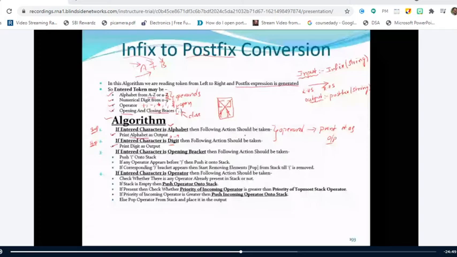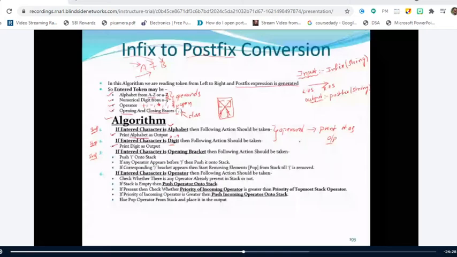Yes, sir. Right. Now coming to step 3. This is somewhat more complex than the previous one. When the entered character is the opening bracket, then the following action has to be taken. What is that?